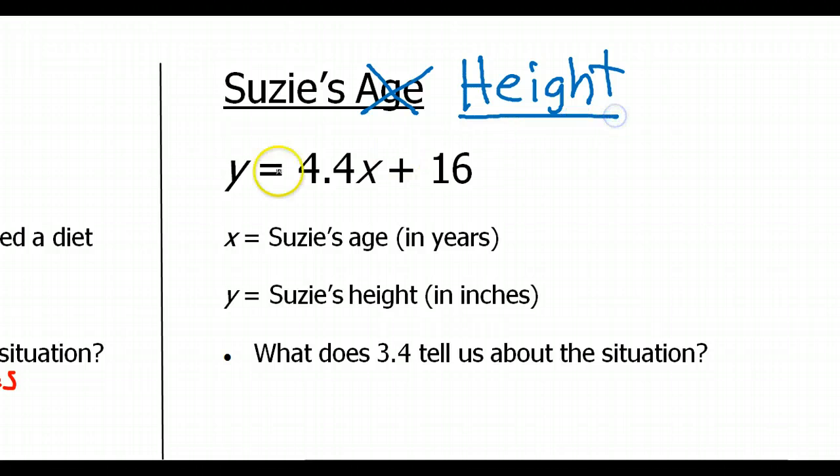A better name for this would have been Susie's height, because that's the Y value. Anyway, this is an equation of Susie's height as a function of time. X is the years, and this is height.